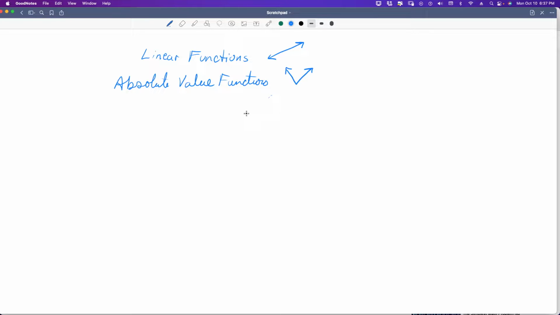And then in lesson 22, we talked about reciprocal functions. And reciprocal functions, they look like this. Let me write that out for us. They look like two curves that are back to back, and then they have that vertical asymptote that never touches the axis here or here or here or here.